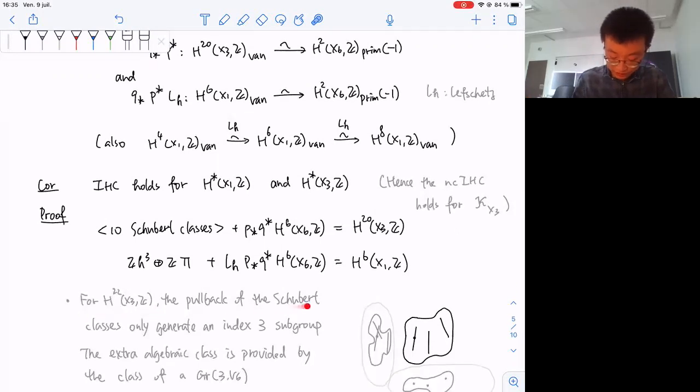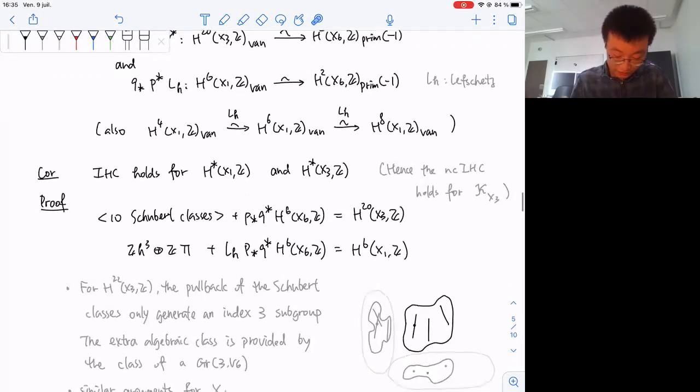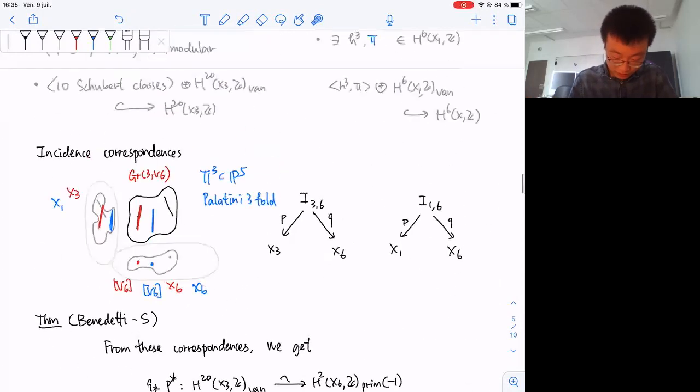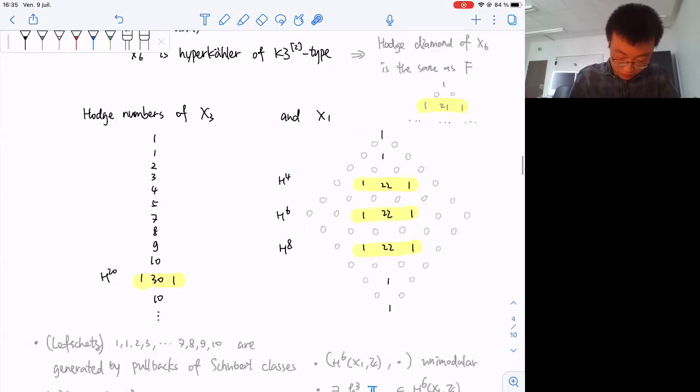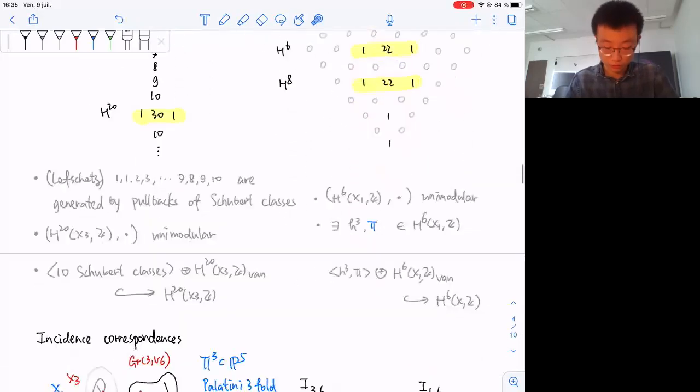Maybe I should note that in the case of X3, there's a slight difference. We see here this huge diamond. Here we show that everything is algebraic. And here, all these classes are Schubert classes, and using Poincaré duality, we can show that the classes below the middle cohomology are also pullbacks of Schubert classes.